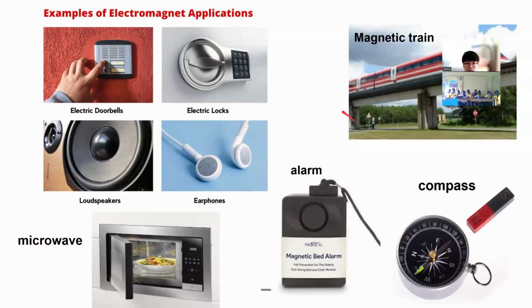Here are some more examples of electromagnet applications. Things like electric doorbells, electric locks, loudspeakers, earphones, microwaves, alarms, even magnetic trains, and of course the compass.